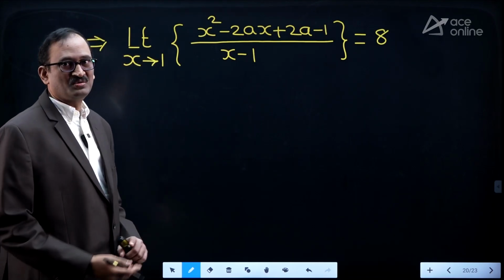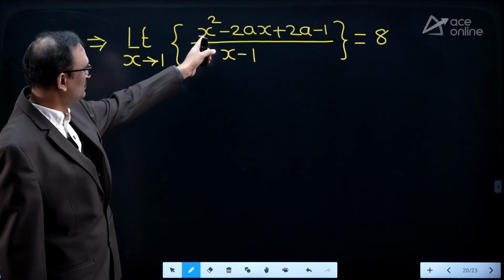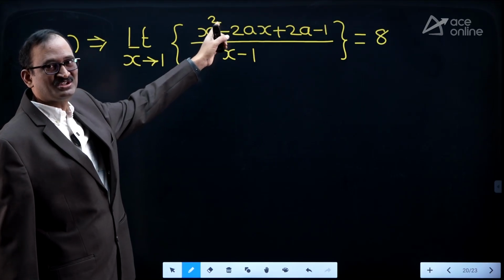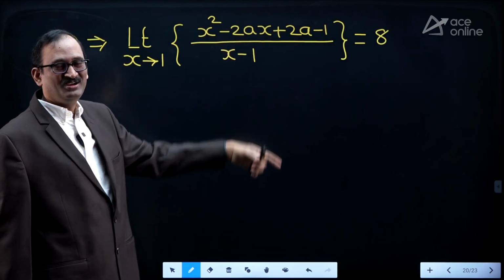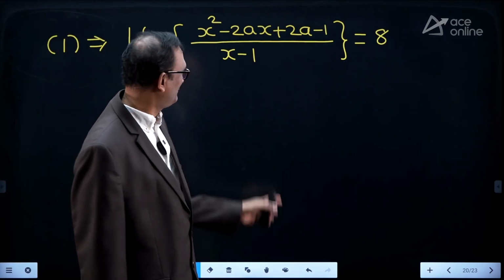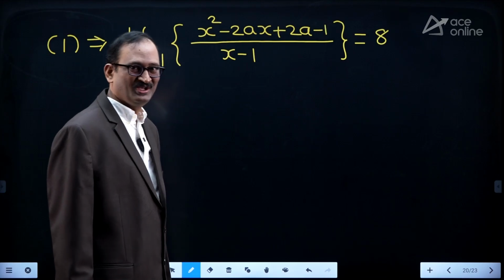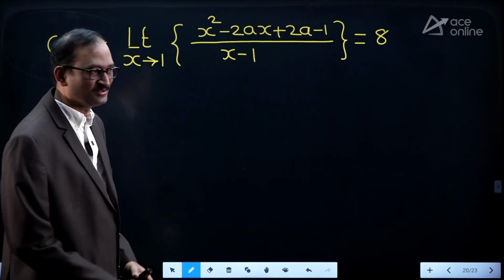If I take x equal to 1, it becomes a 0 by 0 form. The numerator is 1 minus 2a plus 2a minus 1, which is 0, and the denominator 1 minus 1 is 0. So it is 0 by 0 form. Apply L'Hospital rule.